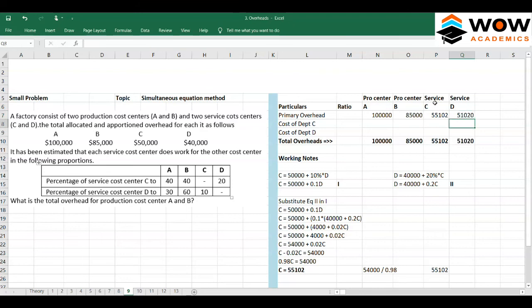This will be split on the basis of the ratio here. The ratio is 40 is to 40 is to 0 is to 20. And again this ratio is going to be 30 is to 60 is to 10 is to 0.